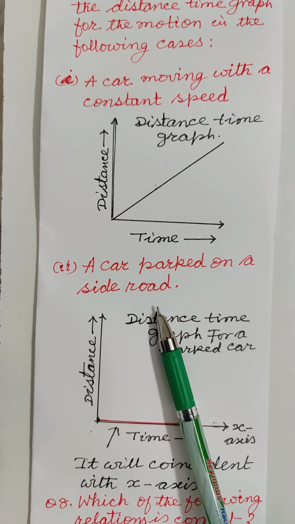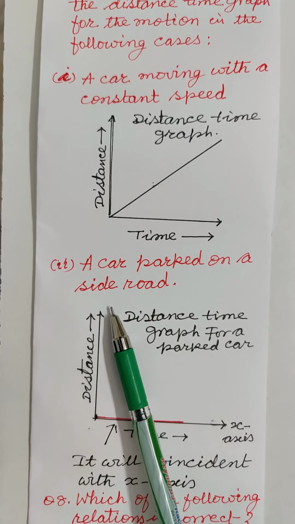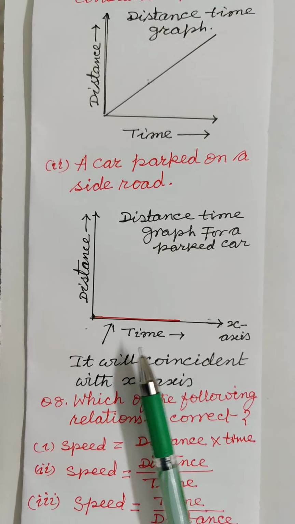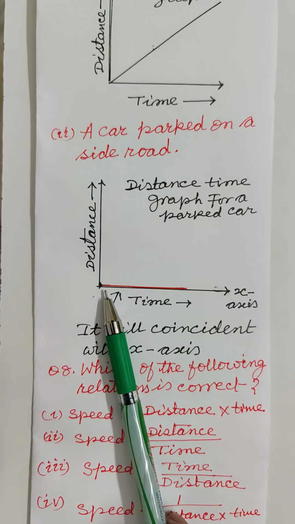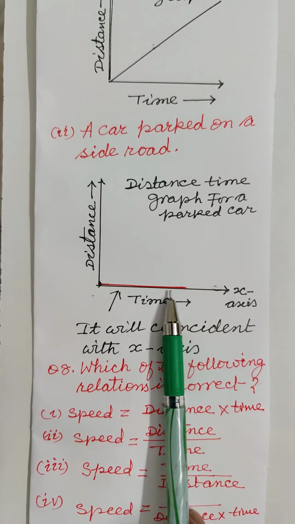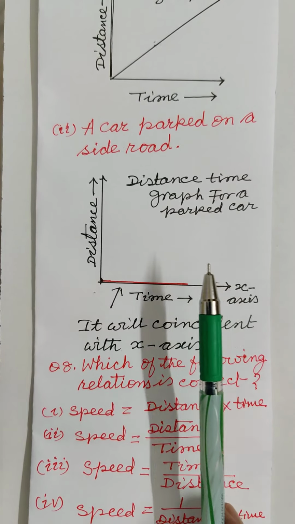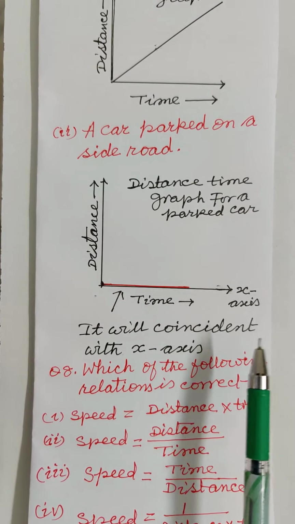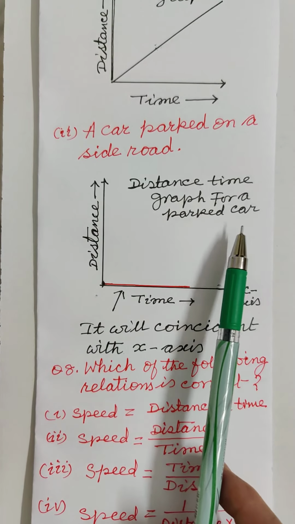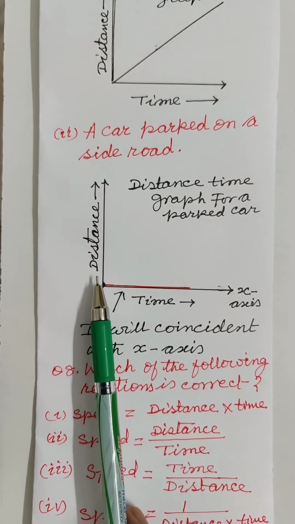A car parked on a side road. For this, the graph will be represented by this red line. Since the car is parked on the side of the road, the distance time graph for a parked car is this.